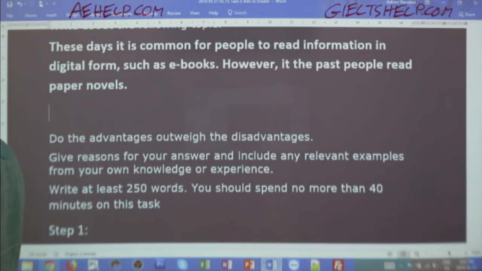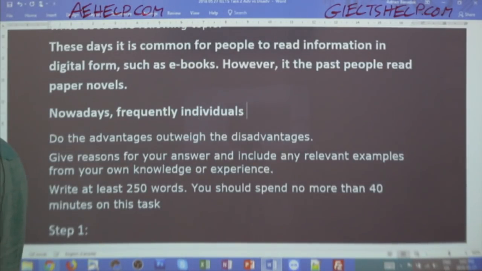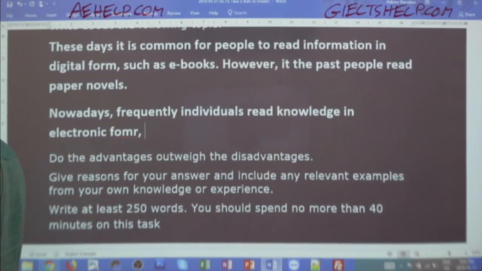So these days, you can paraphrase as nowadays. That's one word. Frequently, individuals read knowledge in electronic form, such as ebooks.